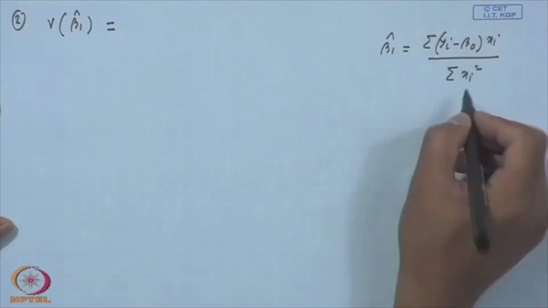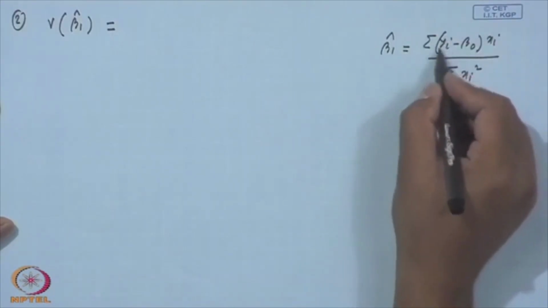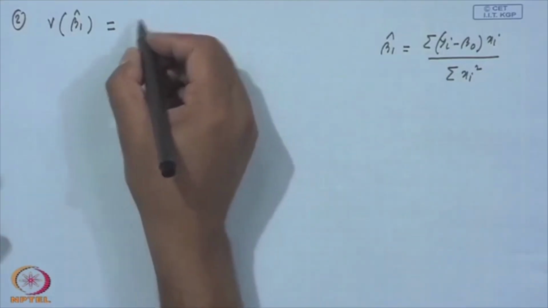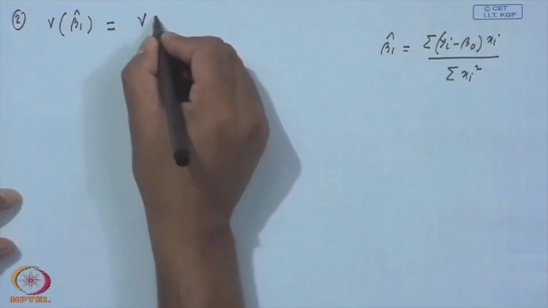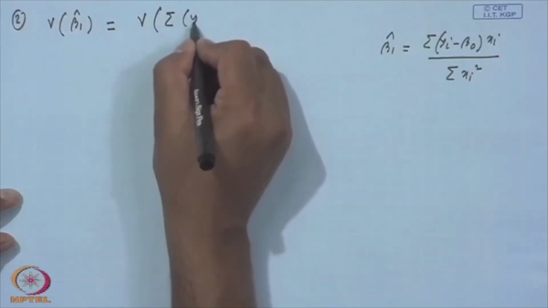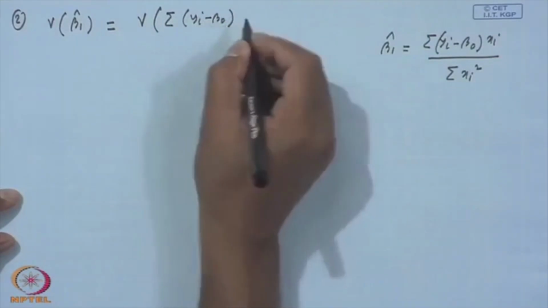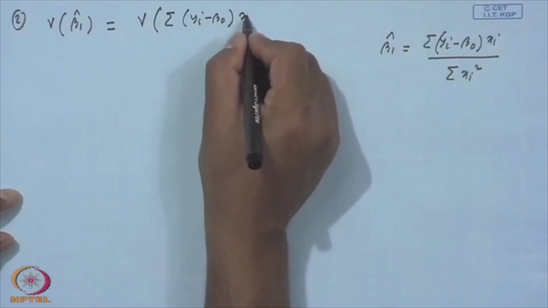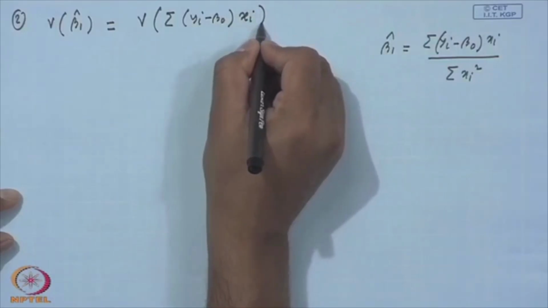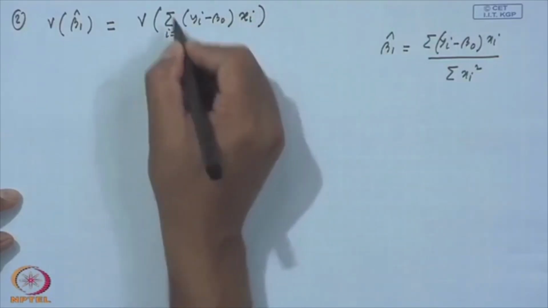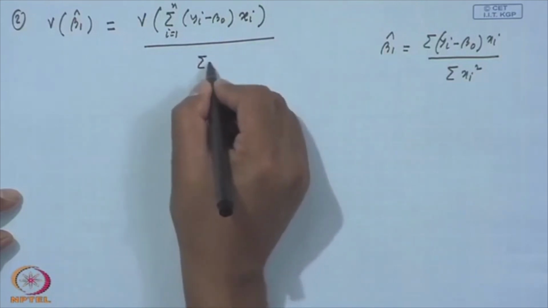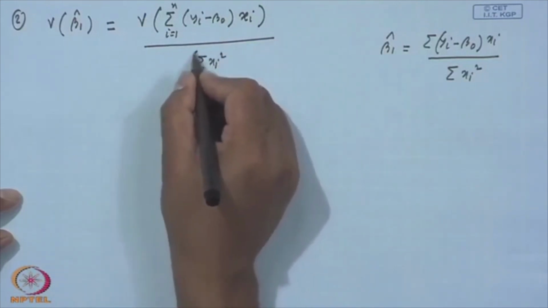So, the variance of this one. So, here the only random variable is y i, right. So, this one is equal to the variance of summation y i minus beta naught into x i, variance of this, divided by summation x i square whole square.